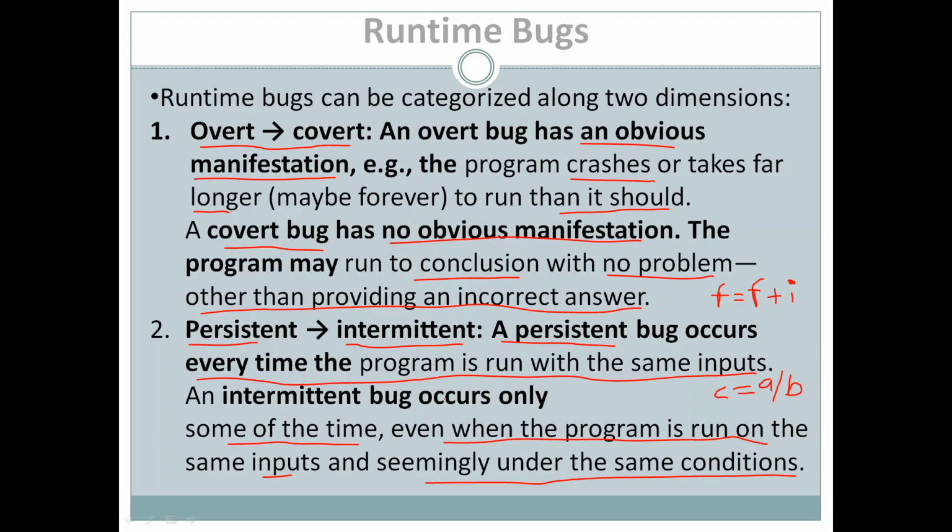For example, in case of an intermittent bug, say you're working on the computer and suddenly your computer hangs up, so nothing is working. Then what you do, you restart the computer, and after the restart, it again starts working fine without any problem. So that type of bug occurs, your computer hangs not every time, sometimes in between it hangs.